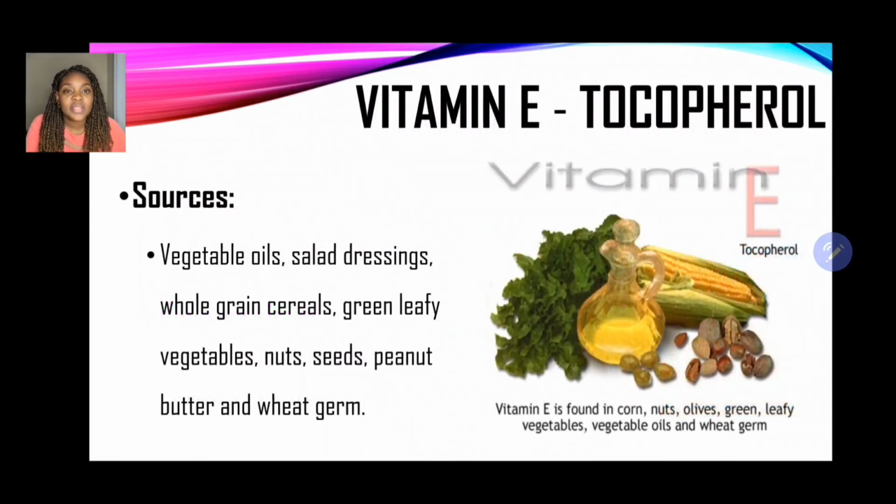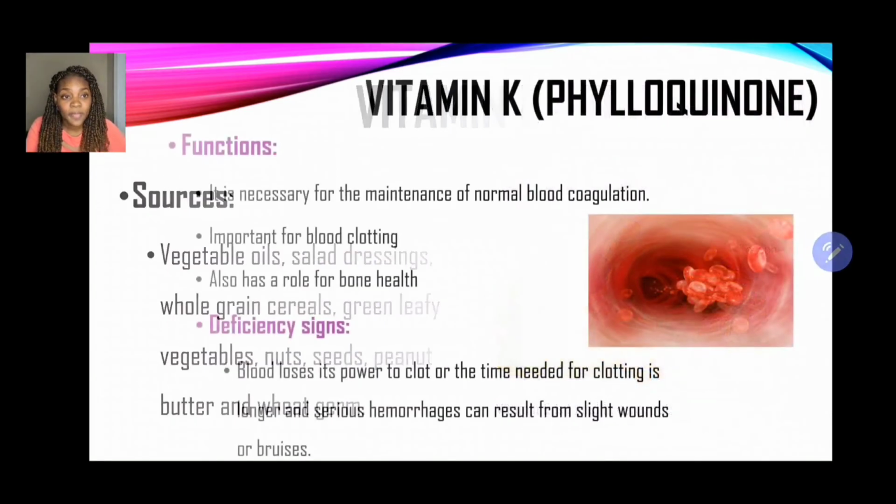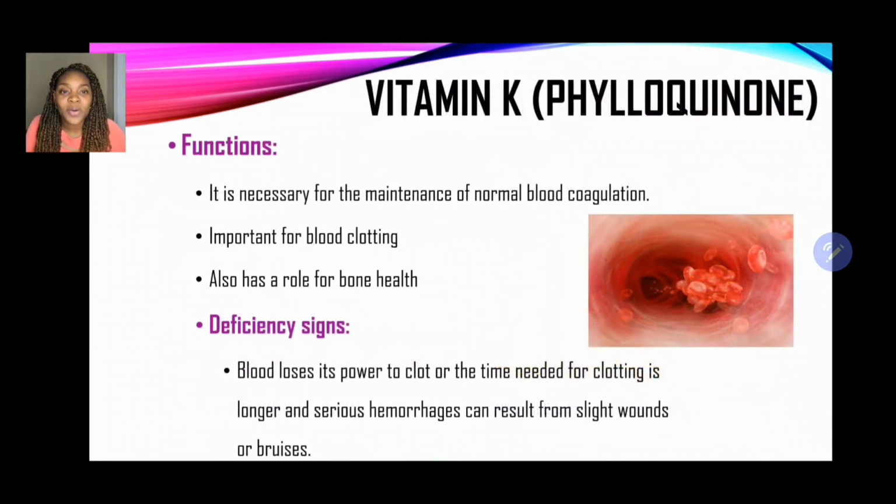Good. All right, now sources of tocopherol. So we have vegetable oils, salad dressings, whole grain cereals, green leafy vegetables, nuts, seeds, peanut butter, and also wheat germ.